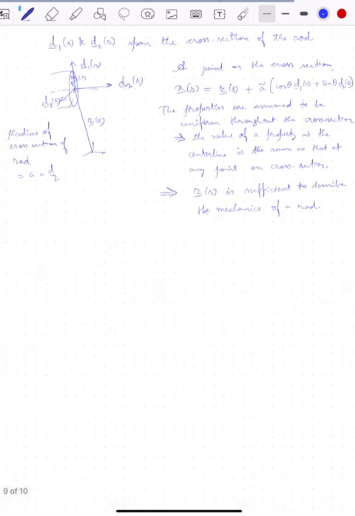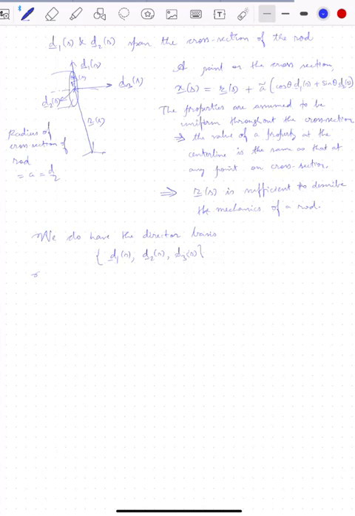Okay. So now we do have the director basis d1 of s, d2 of s, and d3 of s. But how do they evolve?